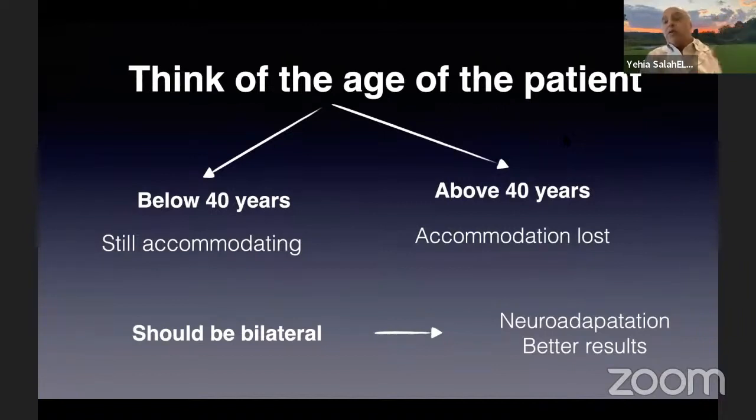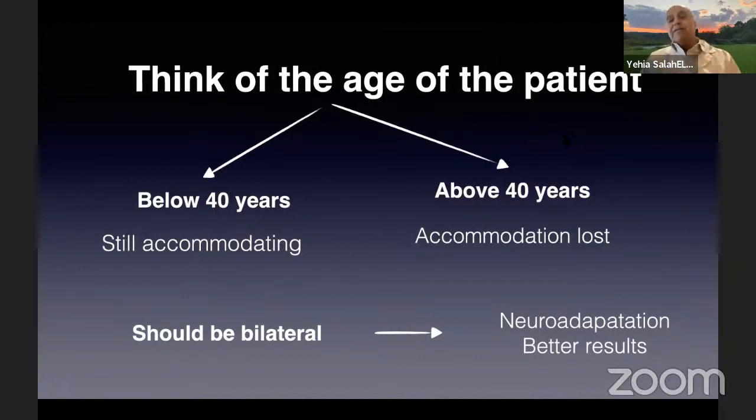If the patient is older, or presbyopic, or a high myope or even hypermetrope, accommodation is getting lost, so this option can be introduced to the patient. We don't push below 40 years, but we can suggest clear lens extraction easily in patients above 40 years.